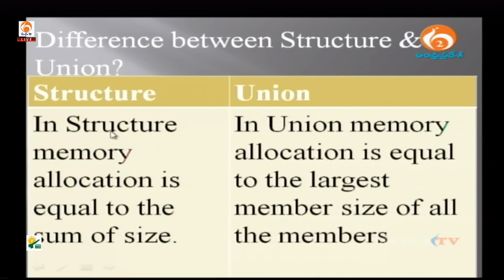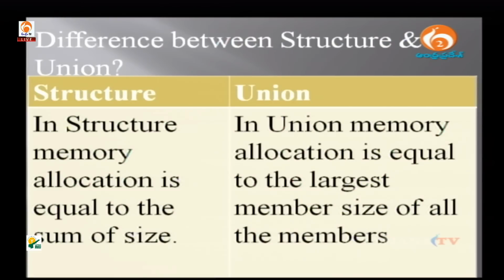Here just see the main difference. In structure, memory allocation is equal to the sum of the sizes. For example, I am storing in a structure int, float, character. What is the size of that structure?